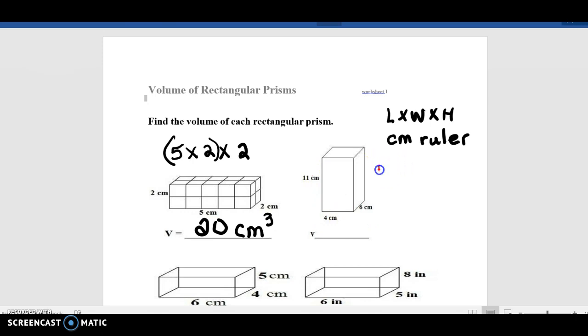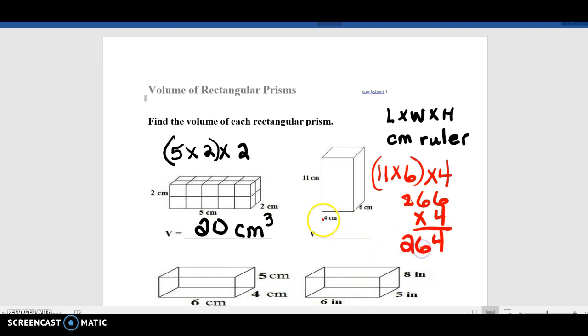So I'm just going to do 11 times 6 times 4. 11 times 6 is 66, and 66 times 4 is 264. So we'd have 264 cubic centimeters.